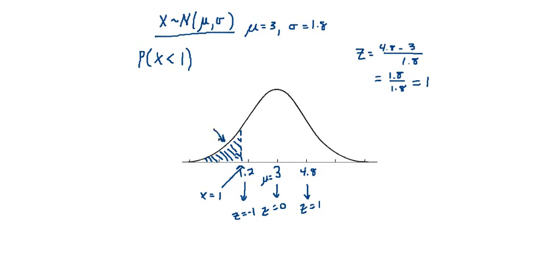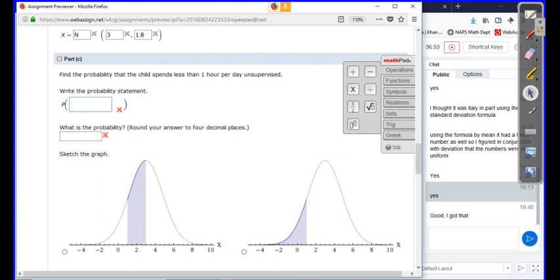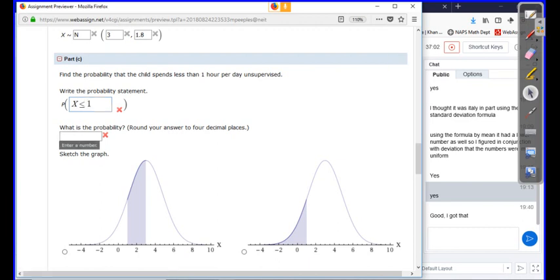The area under the curve to the left of this number is the probability that x is less than 1 hour, or less than or equal to 1 hour per day, unsupervised. Alright, so in my problem, I'm going to write my probability statement this way: x is less than or equal to 1. And we want to figure out what that probability is.